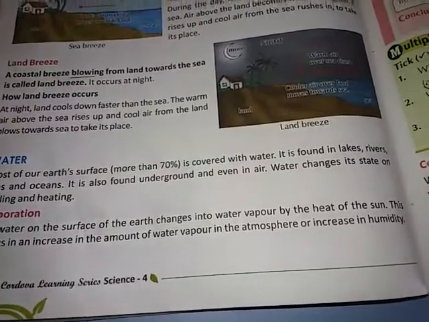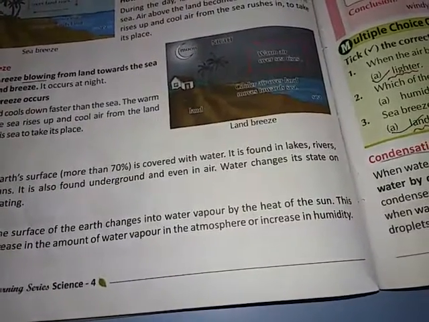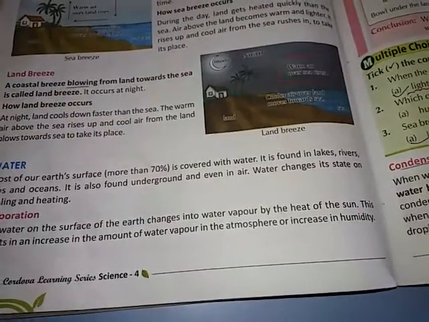Now, evaporation. The water on the surface of the earth changes into water vapor by the heat of the sun. This results in an increase in the amount of water vapor in the atmosphere, and an increase in humidity.